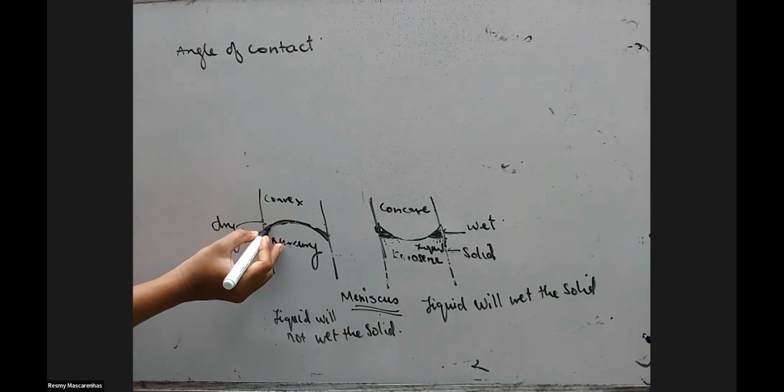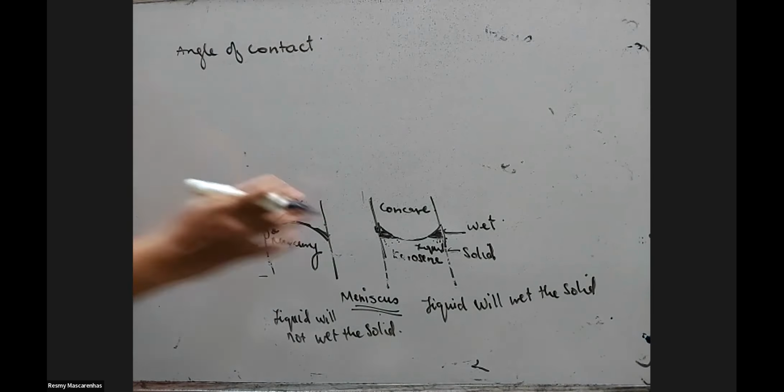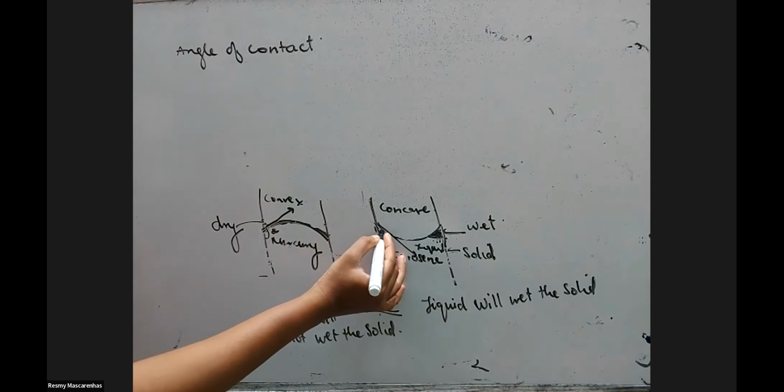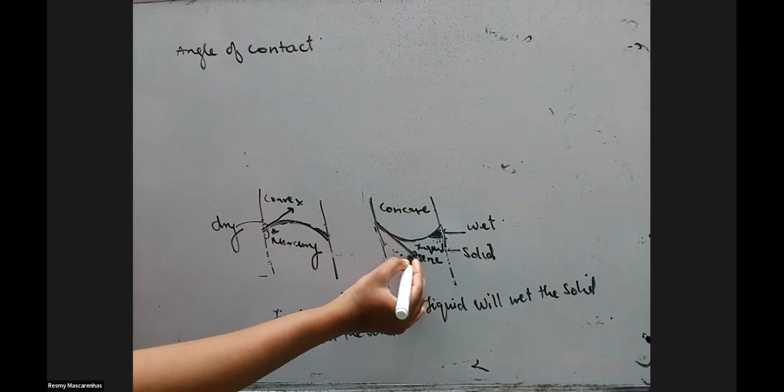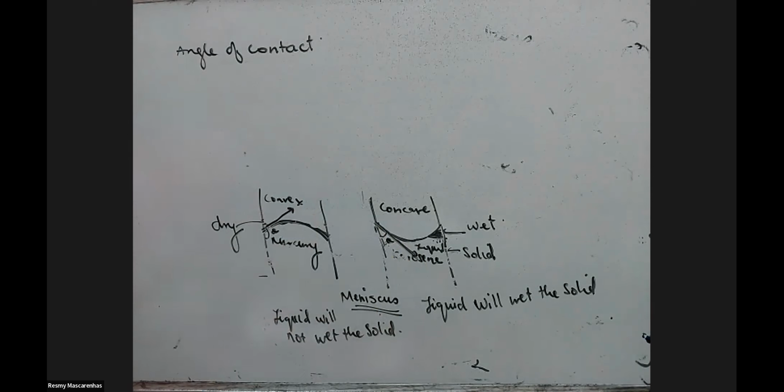Tangent means you take any one point and draw a line in that direction, like this. This curve is going this side, so with reference to the surface, this will be theta. Over here, which side is the curve going? This side. This is called a tangent. The angle of contact is theta here.